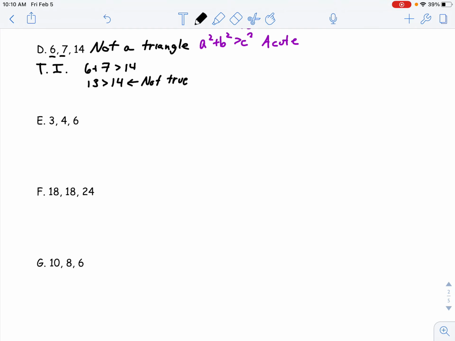All right, and then to save some time, I'm just going to write down the answers to these. You guys can try these on your own. But if you leave these blank, I know why. This is acute isosceles.